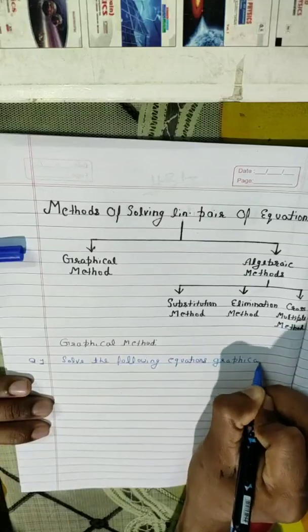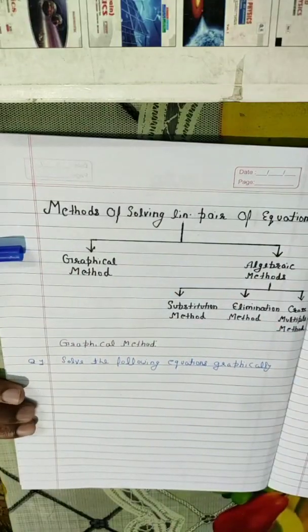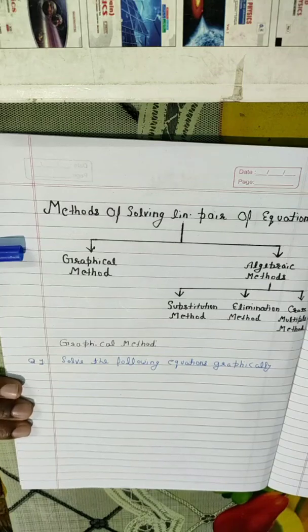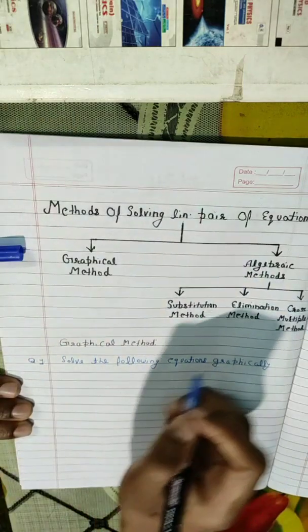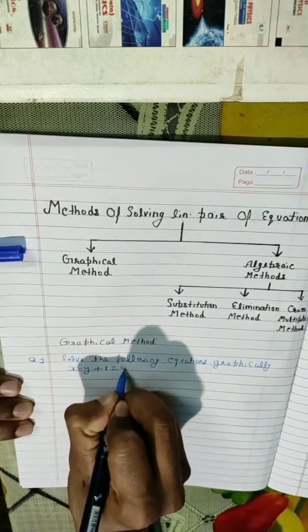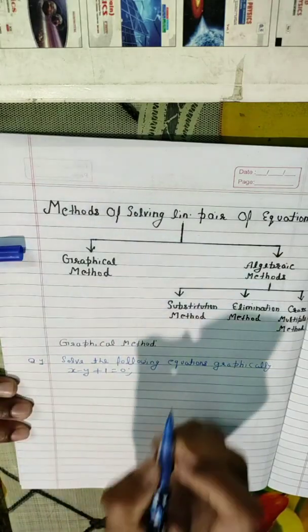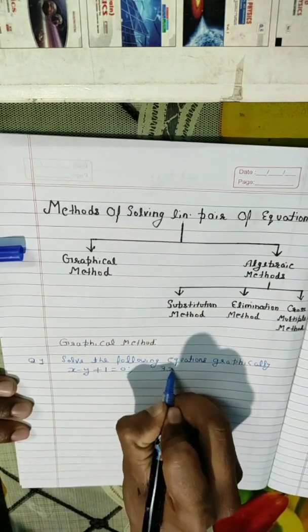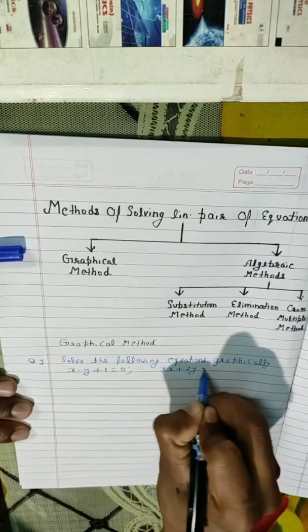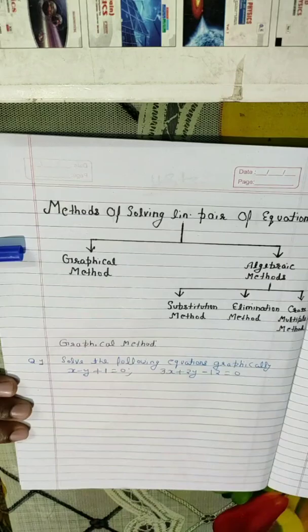Graphically means we have to make the graph. The given equations are x minus y plus 1 equals 0, and the other equation is 3x plus 2y minus 12 equals 0. So we have to solve these two equations graphically.